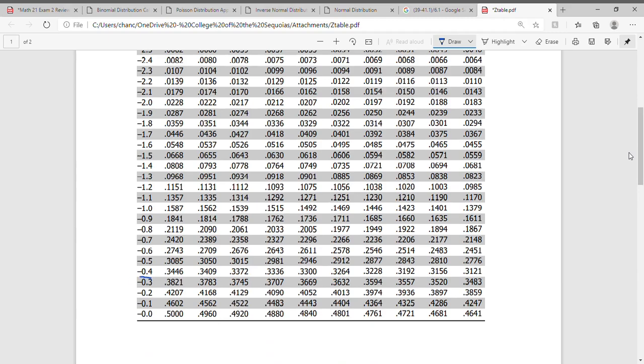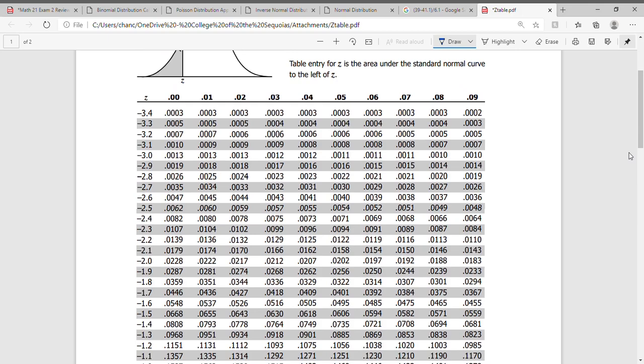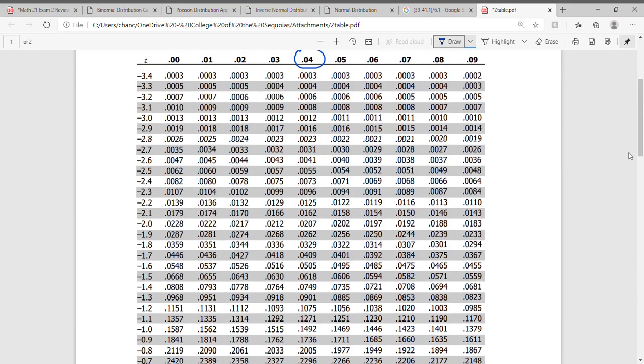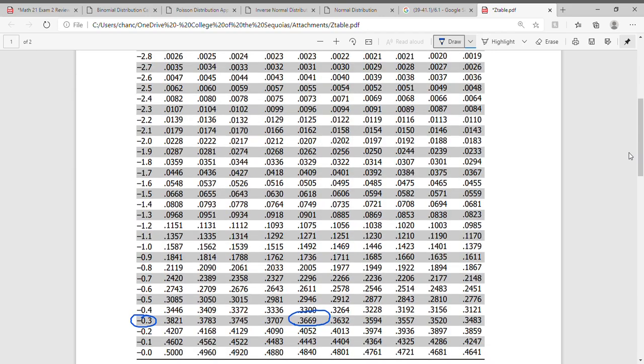The row is negative 0.3. The column is 0.04. Intersect the row of negative 0.3 and the column of 0.04 to get our area to the left, which is 0.3669. But remember, that's not our answer. 0.3669 is the area to the left.